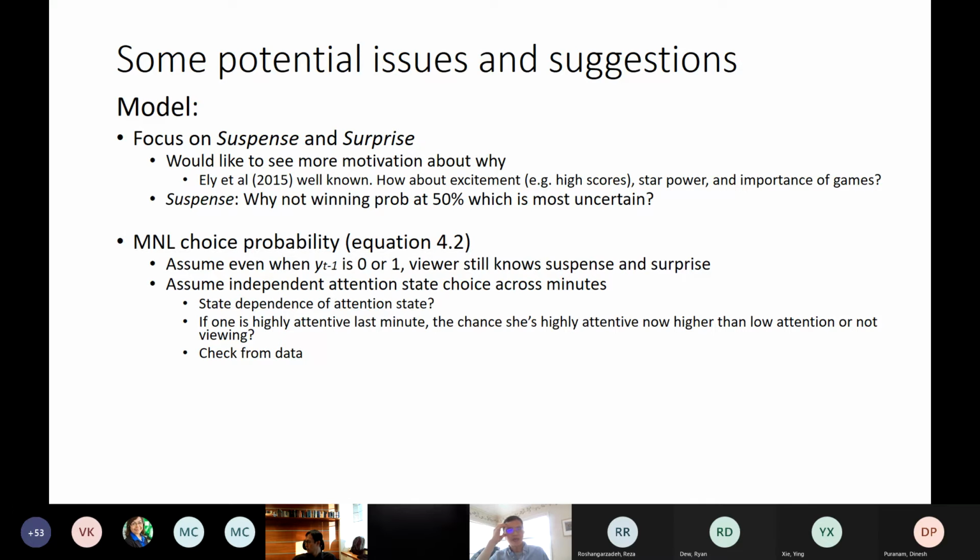But I'm thinking that state dependence of attention states could be very important in this context. I'm thinking more like a psychologist here. If I'm highly attentive last minute, maybe the chance that I will continue to be highly attentive will be higher than switching to other states. And that is why I push you guys to check the switching probabilities from the data.